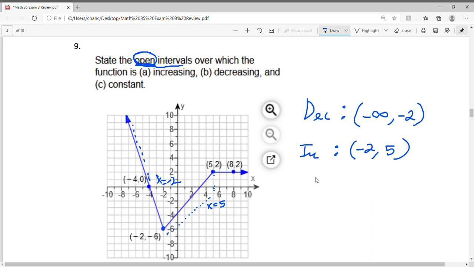It's increasing when x is negative 2 up to when x equals 5. And it's constant from x equals 5 to infinity. This is a constant function. There's no rise or fall from x equals 5 to infinity.